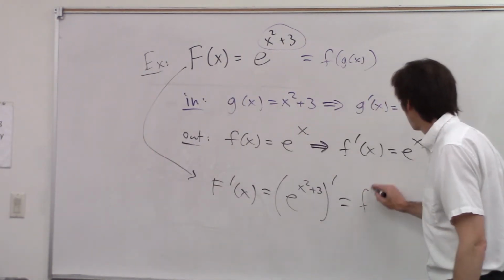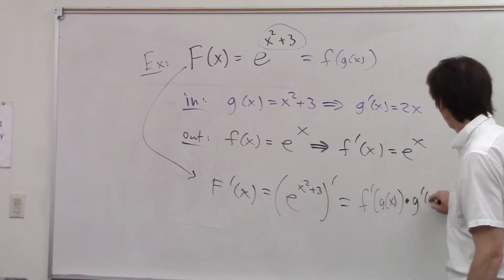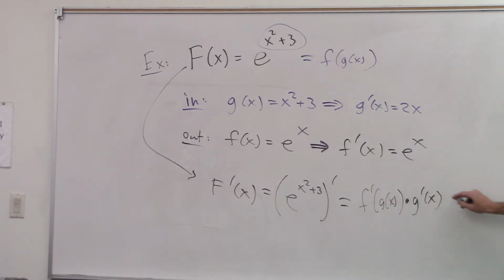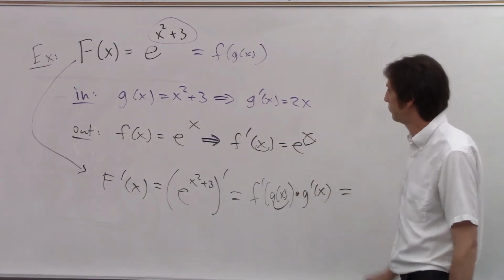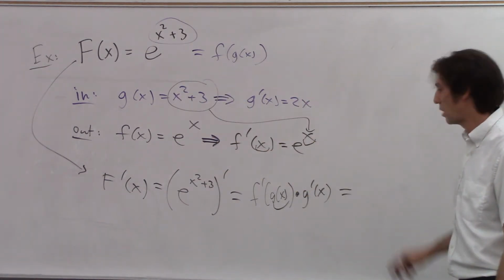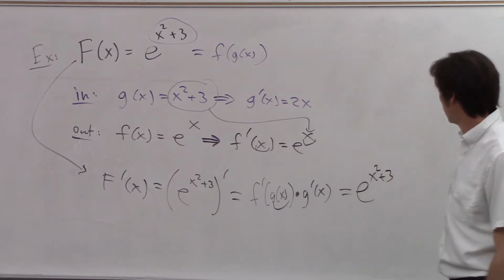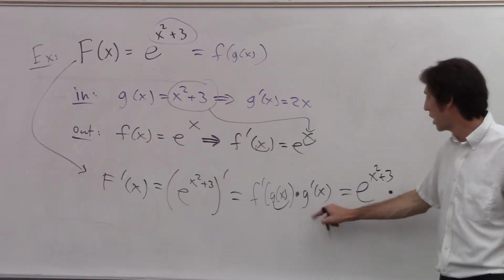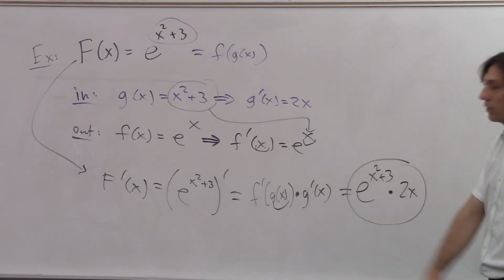I get f prime of g of x times the derivative of the inside. f prime of x is e to the x, but I need f prime of g. So we're going to take x squared plus 3 and plug it into f prime. So that'll be e to the x squared plus 3. And then I have to multiply by g prime. g prime was 2x. There it is.